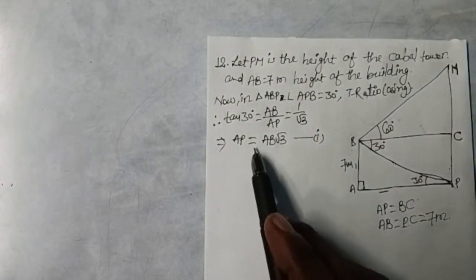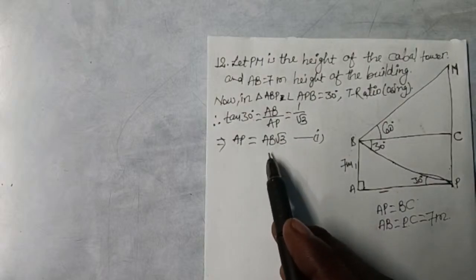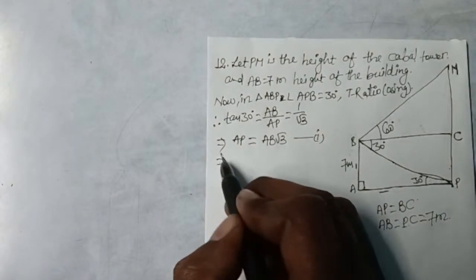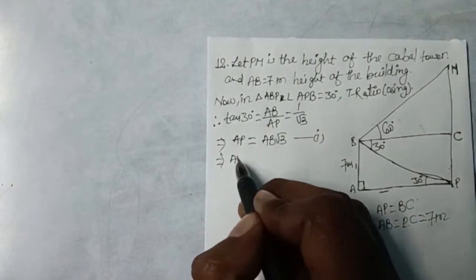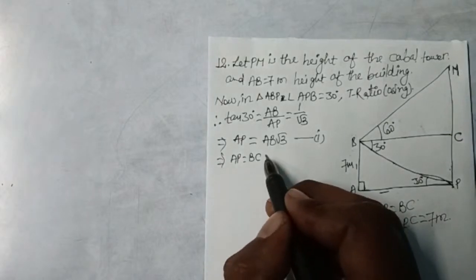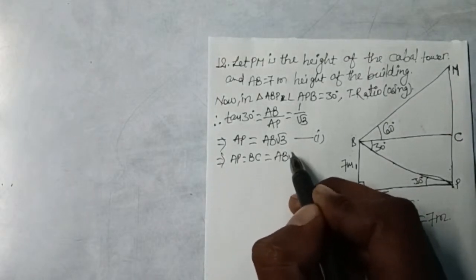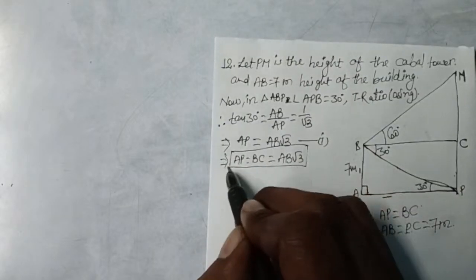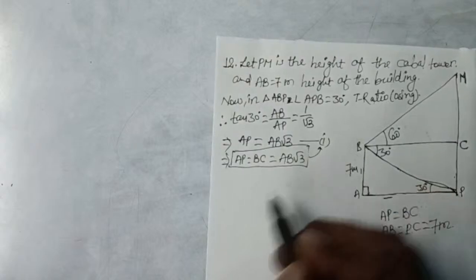Here AP equals AB root 3, and we know that AP is also equal to BC. Therefore we can write AP equals BC equals AB root 3, and this will be our first equation.